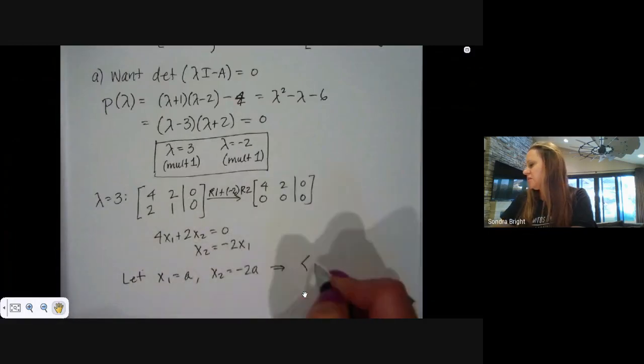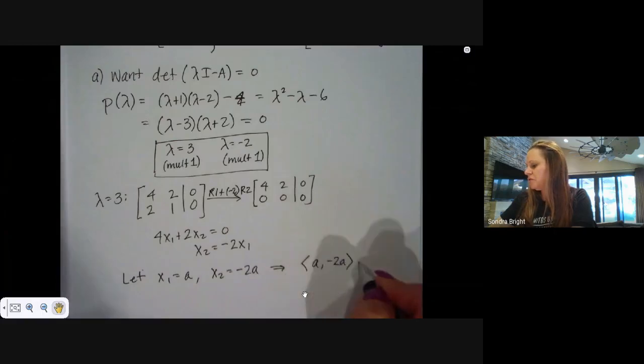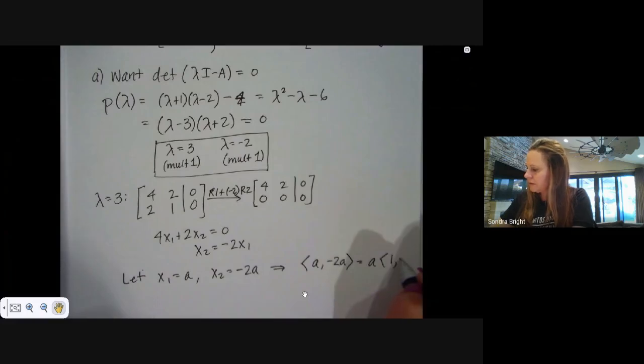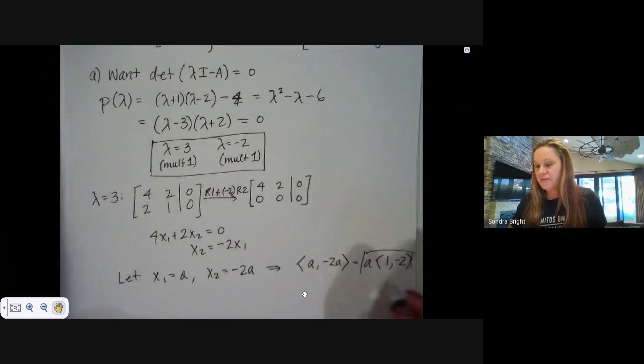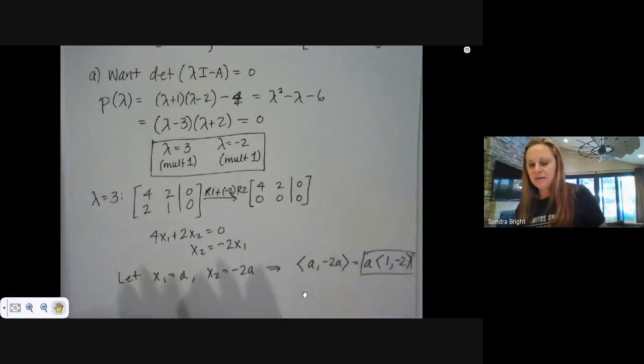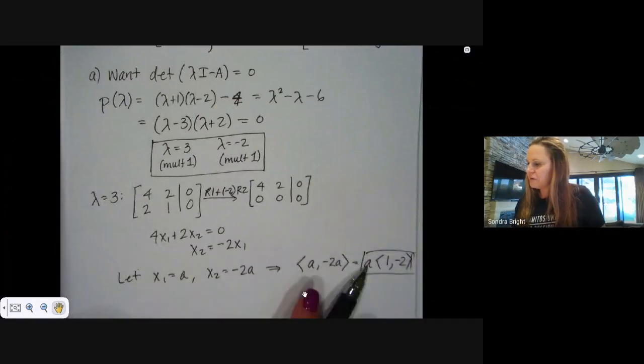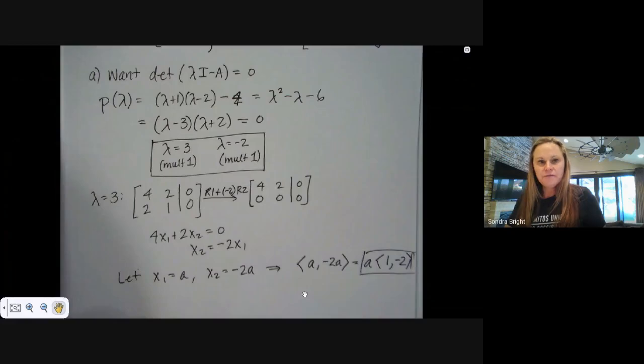And then we just usually factor out that a. So it would be (1, -2). So there's the corresponding eigenvectors. Remember, there's an infinite amount of them since that a is any real number. It corresponds to the eigenvalue of 3.